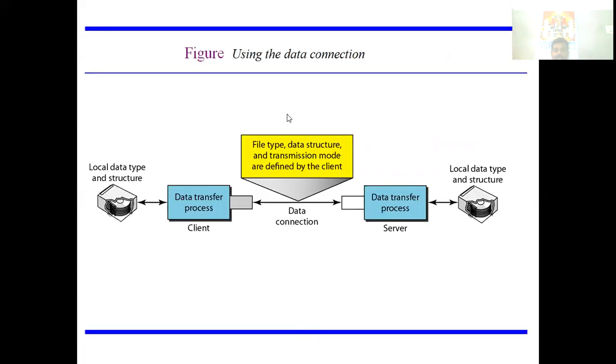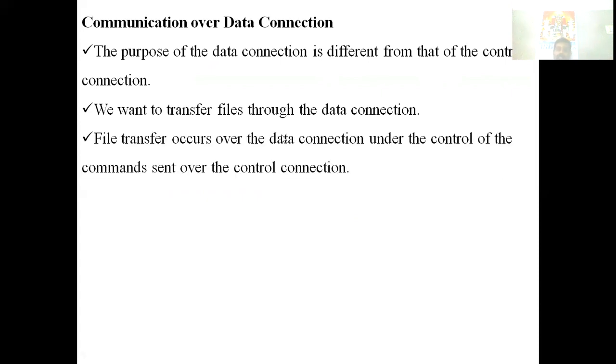Now the data connection, between client and server. While transferring data, you have to open a data connection. The purpose of the data connection is different from the control connection: we want to transfer files through it.